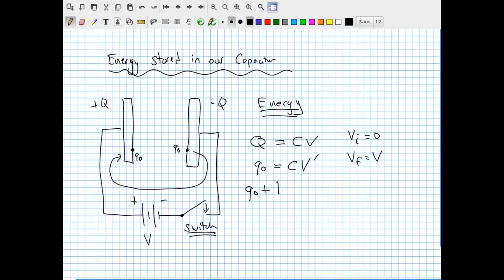So what I'm going to do is increase the amount of charge that I moved by some dq naught. So I'm going to take another little bit of charge, and I'm going to move it in the next step over here. Well, in this case, we actually have the capability of using calculus now to figure out the answer to the question, what in the end will be the total energy stored in the electric field of the capacitor.